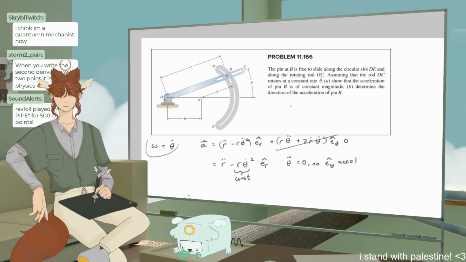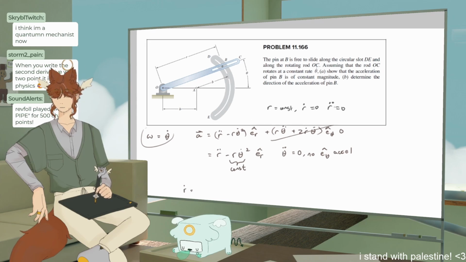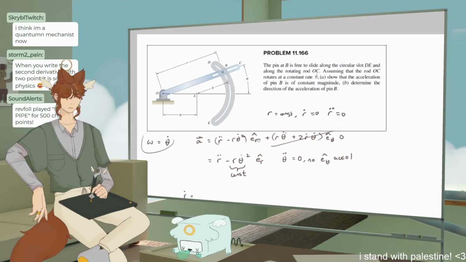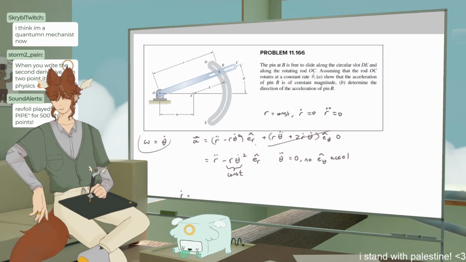Okay, so does the radius change at all? No, the radius doesn't change. So r is constant, which means r dot equals 0 and r double dot equals 0. So in that case, this is going to be a constant.